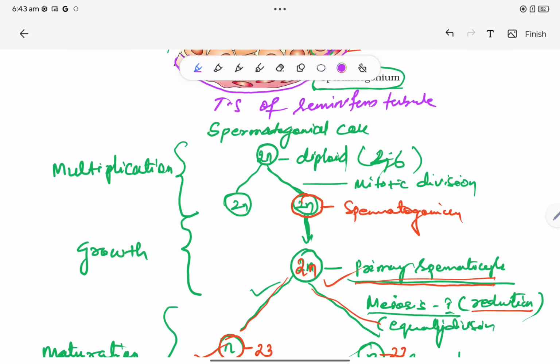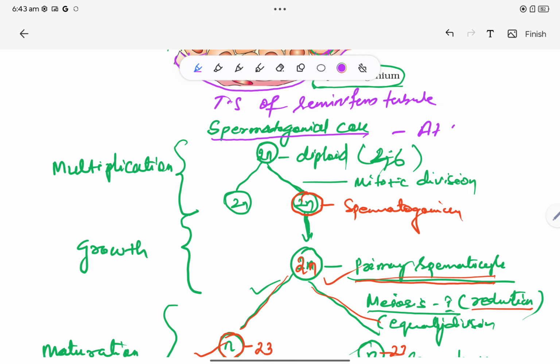Now let me explain the process. The process starts with spermatogonial cell, at puberty. At puberty the spermatogonial cell starts dividing and forms a number of spermatogonial cells, and this is mitotic division.